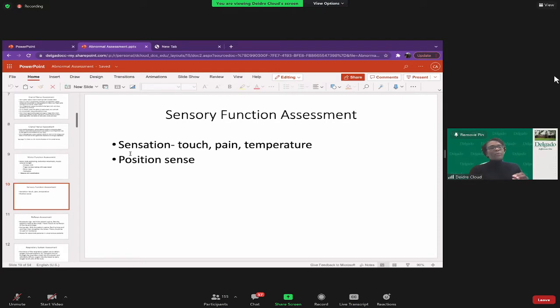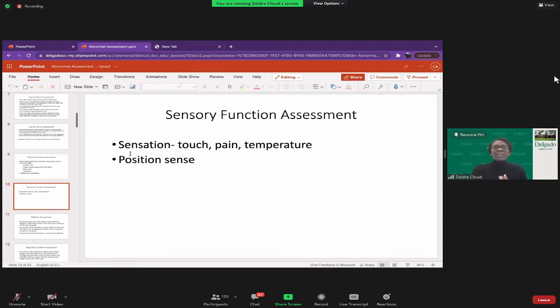And when you're doing regular everyday assessments, you're not going to be doing full neurological assessments, unless it's a focus assessment, unless your patient does have a stroke, and we need to be monitoring whether or not they're getting better, worse, or the same. Unless your patient does have a brain tumor and they're receiving treatment, and we need to do these full assessments to make sure they're getting better.